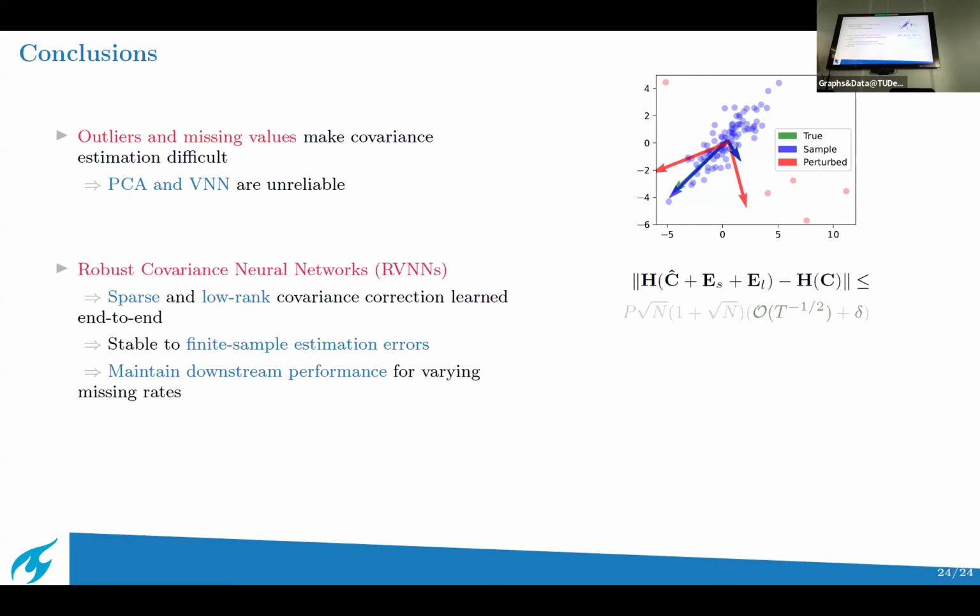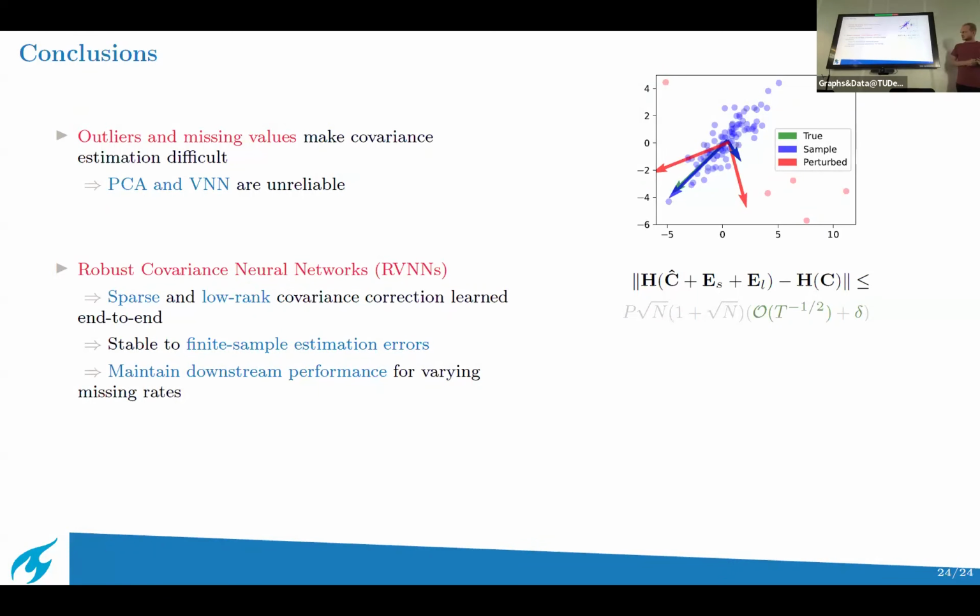To counteract this, we proposed robust covariance neural networks, where we used correction terms for the covariance matrix, a sparse one and a low rank one, inspired by the robust PCA model. We showed that this framework is stable to finite sample estimation errors, so it maintains the stability related to having only a limited amount of samples to estimate my covariance, and there is an additional term that depends on how good I am at compensating for the outliers.